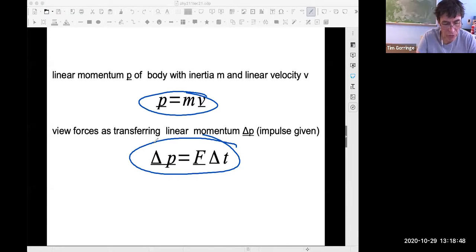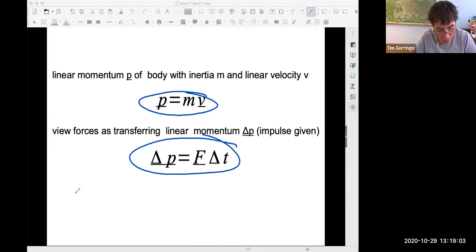So those are two key equations: the definition of linear momentum in terms of the motion of an object, and the relation of how forces can change linear momentum.